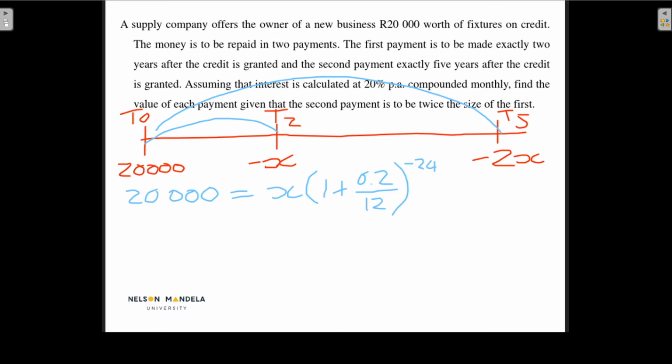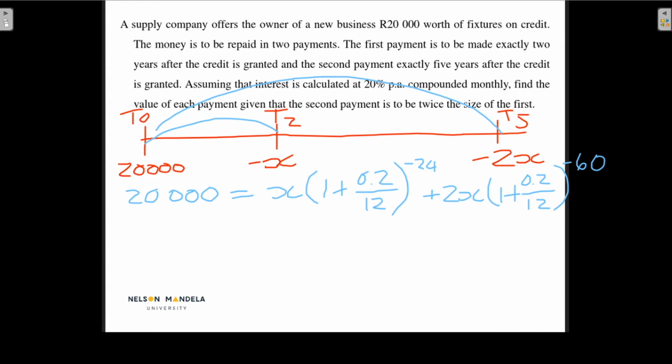And then also for the second payment, 5 years is the same as 60 months, so that's why it's a negative 60. I'm moving it backwards 60 months to get to time t0. And now you can go and solve for your x.